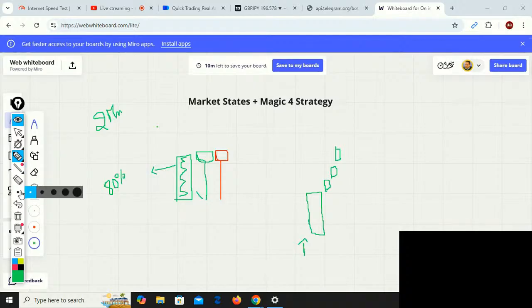Now this, the bottoming wick bar, this bar over here has also around 80% follow through rate, 75 to 80. So when you see this bottoming tail bar, it usually has 8 out of 10 times a green follow through.